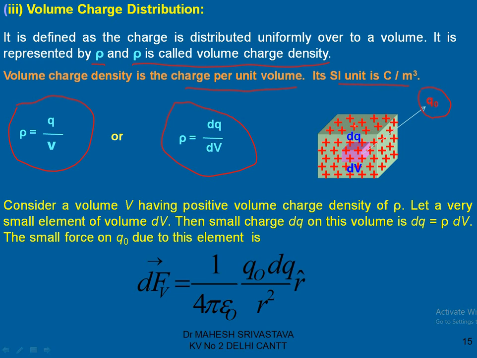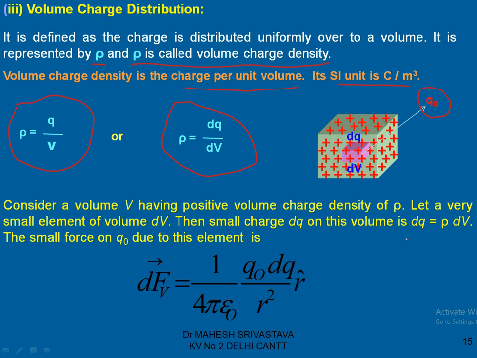Here the positive charge is uniformly distributed over the volume. Take a small volume element dV and in it the charge is dQ. So we will find the force on Q naught due to the small charge dQ. That is dF_V vector equals 1 upon 4 pi epsilon naught Q naught dQ upon R square R cap.